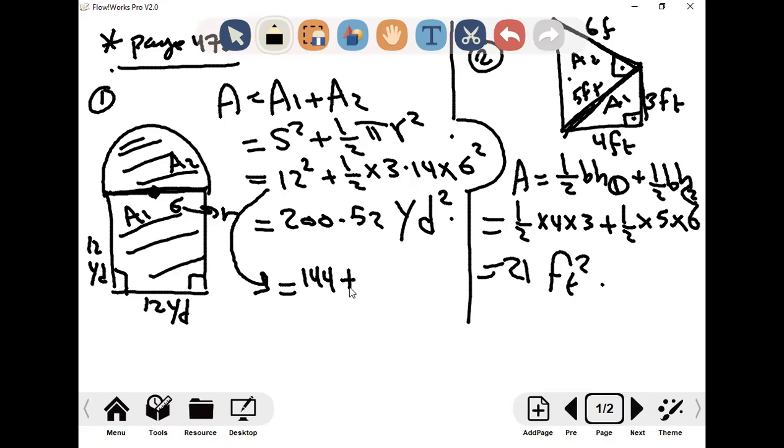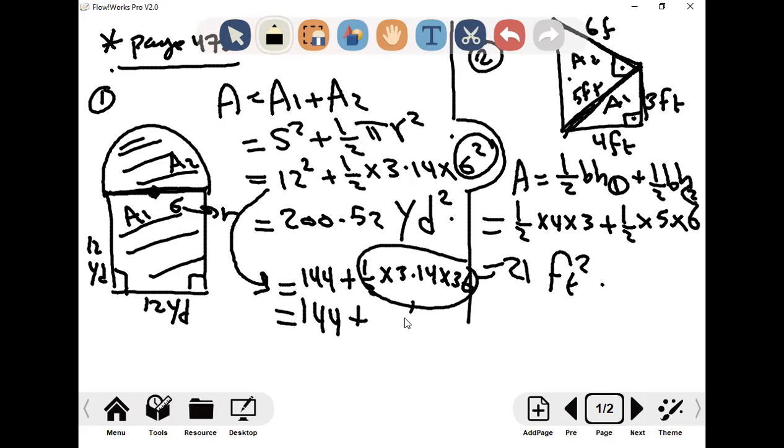Plus 6 power 2, which is 36. 6 multiply 6, so half multiply 3.14 multiply 36, plus 144. What do we do first, the addition or the multiplication? We always do the multiplication, then we do the addition. So multiply these numbers, get the answer, then add it with 144. Okay?